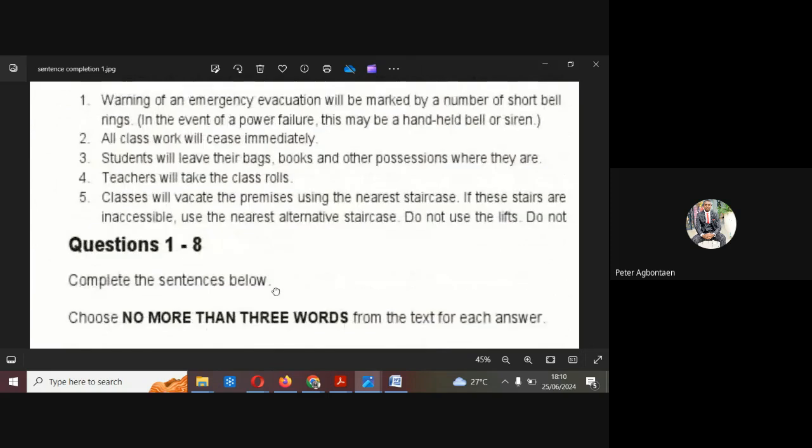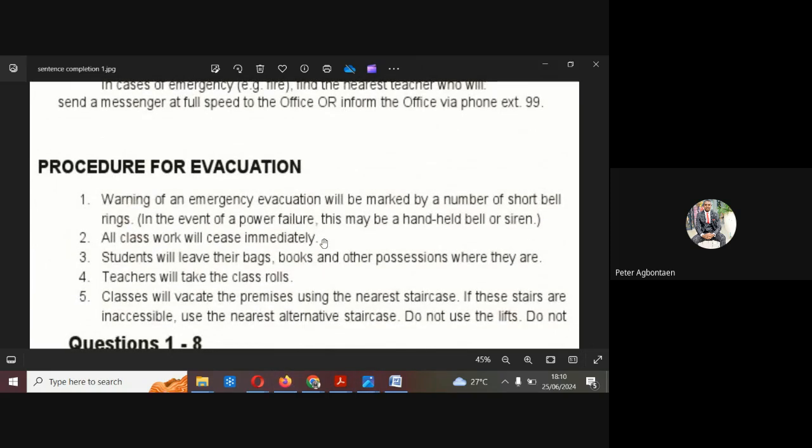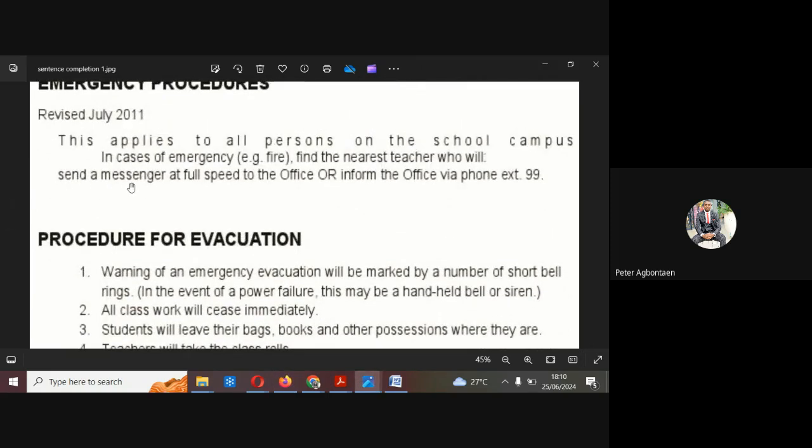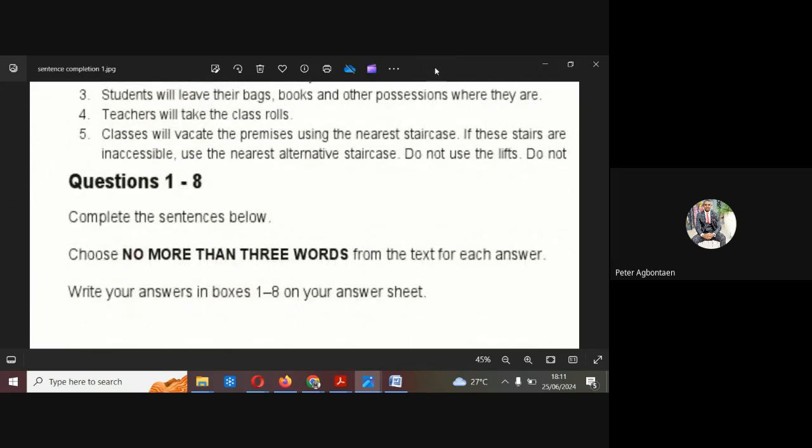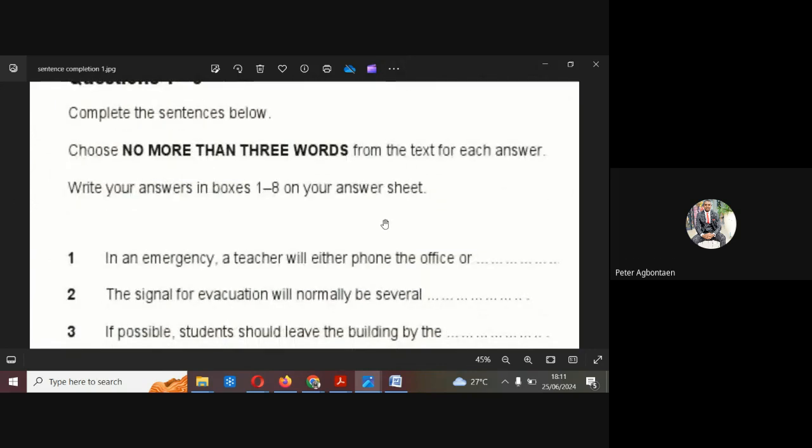The nearest teacher will send a messenger at full speed to the office or inform the office via phone. That is, phone the office.